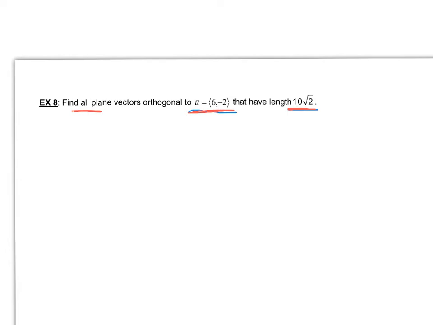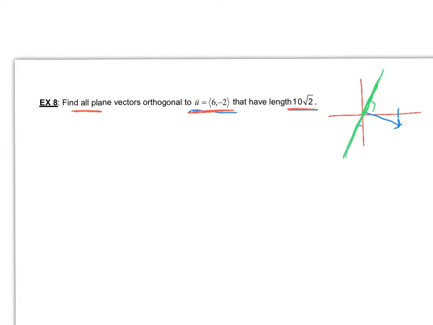So if we think about the vector 6, negative 2, and we visualize it, just so you guys know what this problem is asking. Let's say we're over 6 down 2. We've got a vector right here. We want all the vectors perpendicular to that. Thinking about what perpendicular means, you now know that this would mean we want it to be at a right angle, but we want it to have a very specific length.